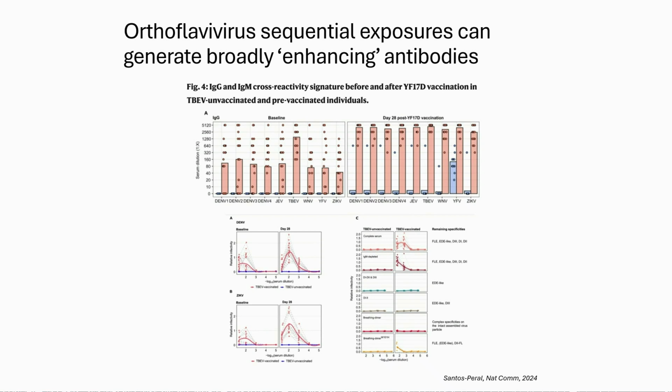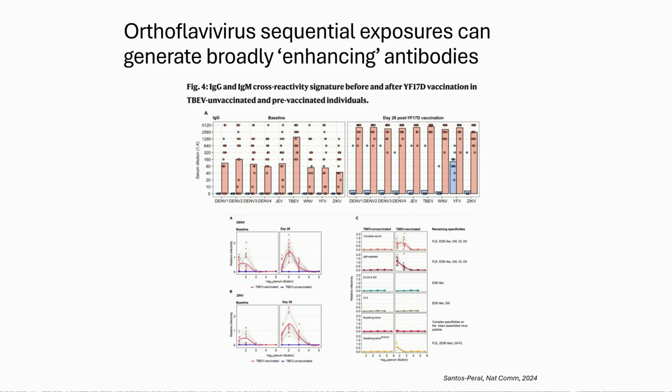Here what I'm going to show you is before vaccination with yellow fever, we can see that individuals who'd gotten the TBE vaccine had broadly cross-reactive IgG antibodies, that's shown in the top left, whereas individuals who were not vaccinated with the TBE vaccine had absent cross-reactivity, which we would expect.